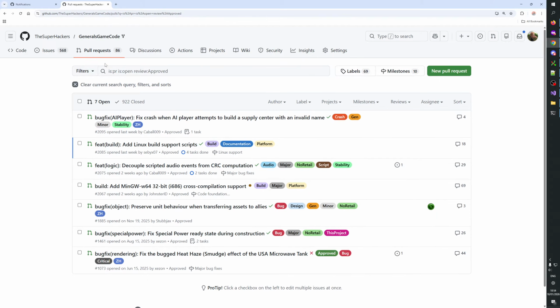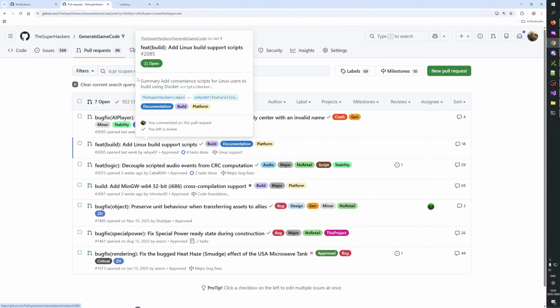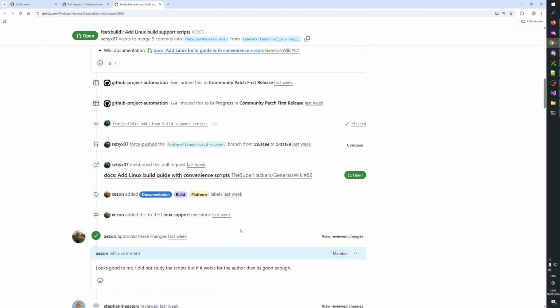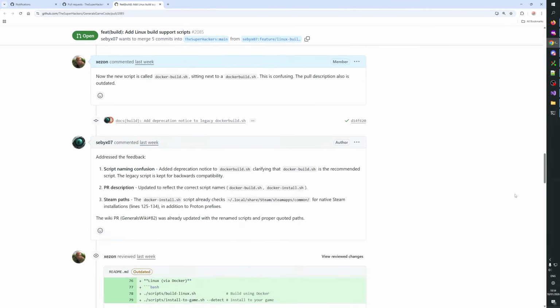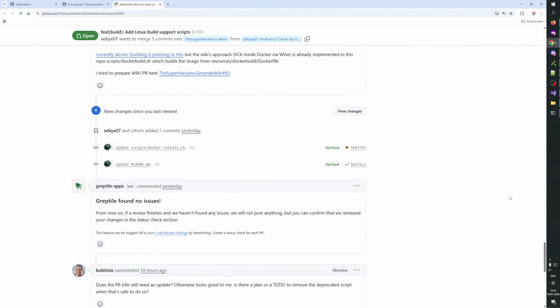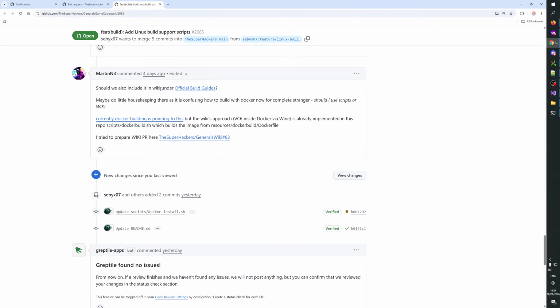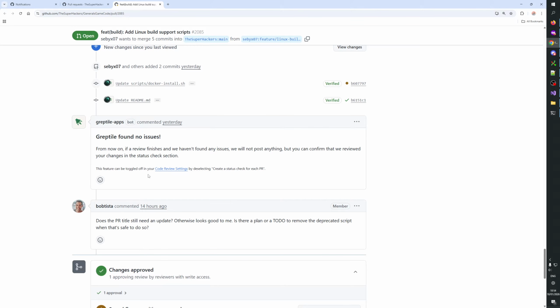Good. So what's next? This still is an open task. What about this one here? Can we merge it now or not? Found no issues.